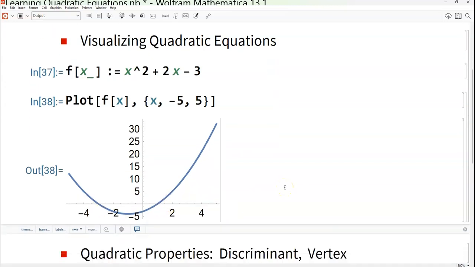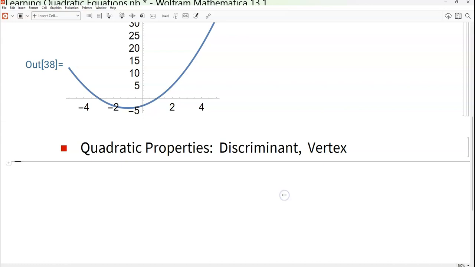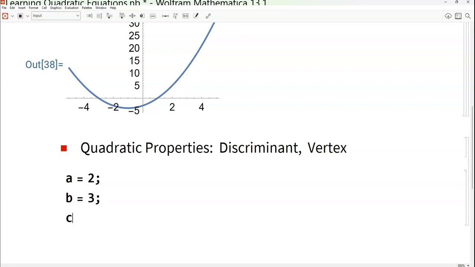Now, also you could look up some properties that quadratic equations have. So there's a property called the discriminant, and we'll discuss what this is. So let's suppose a equals 2, b equals 3, and c equals 1. These are like coefficients in the quadratic equation.